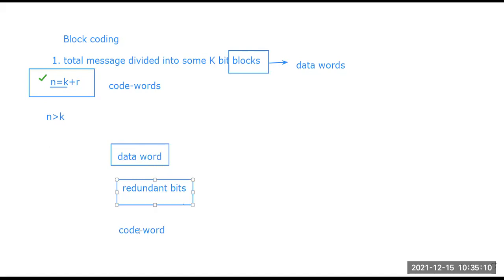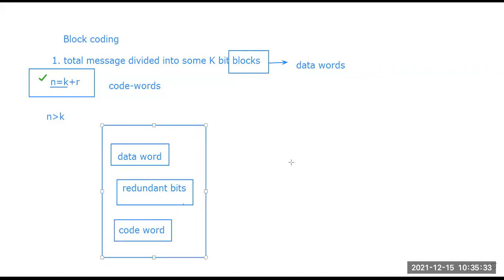These are the steps: in the encoder, first the data of k bits, after adding redundancy bits, gets transformed into a code word of n, where n equals k plus r. These are the parts of the process on the sender side. Now the data is going to be transmitted through some wireless mode, considering an unreliable transmission.